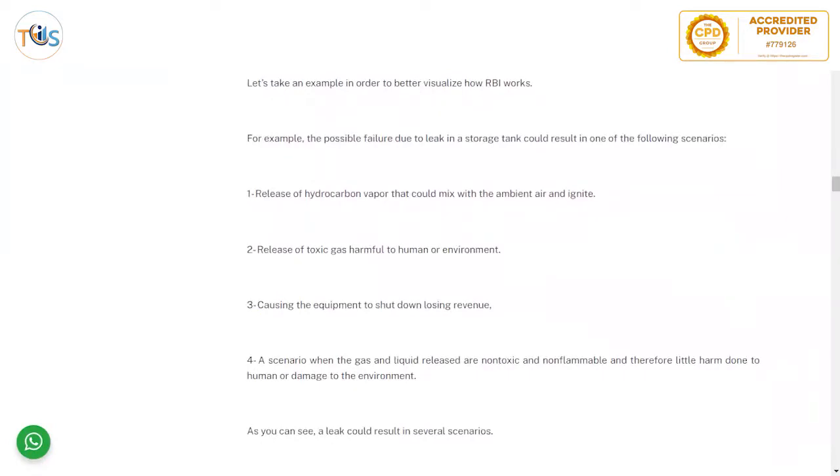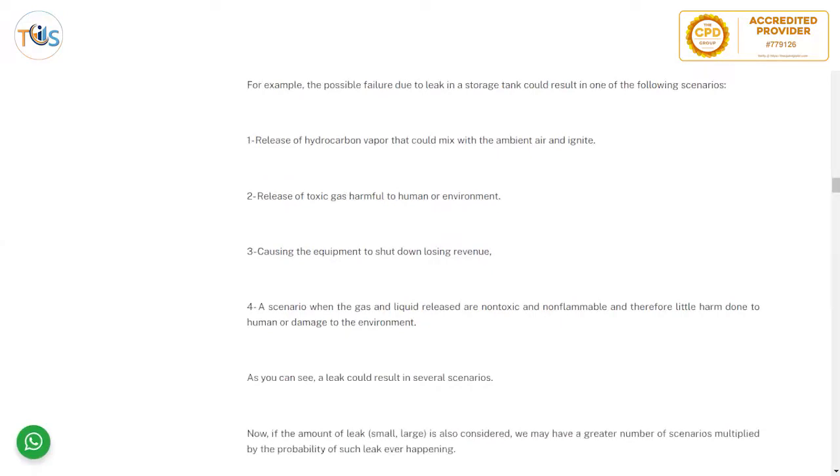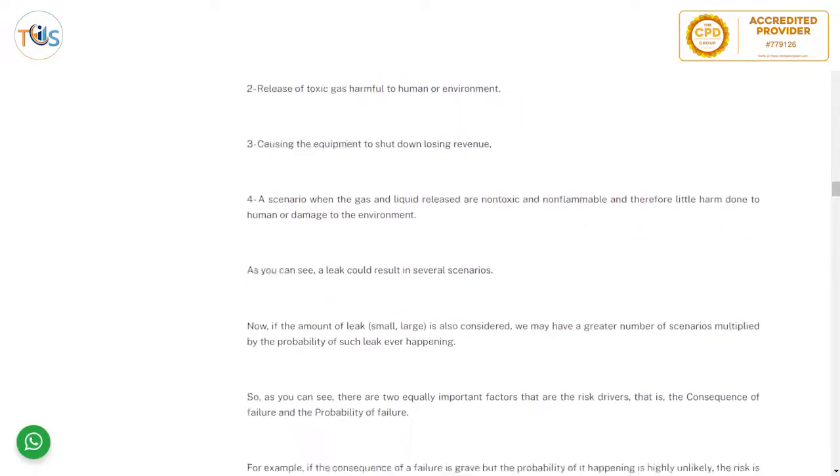For example, a possible failure due to a leak in a storage tank could result in one of the following scenarios: release of hydrocarbon vapor that could mix with the ambient air and ignite, release of toxic gas harmful to humans or the environment, or causing the equipment to shut down, losing revenue when it leaks.